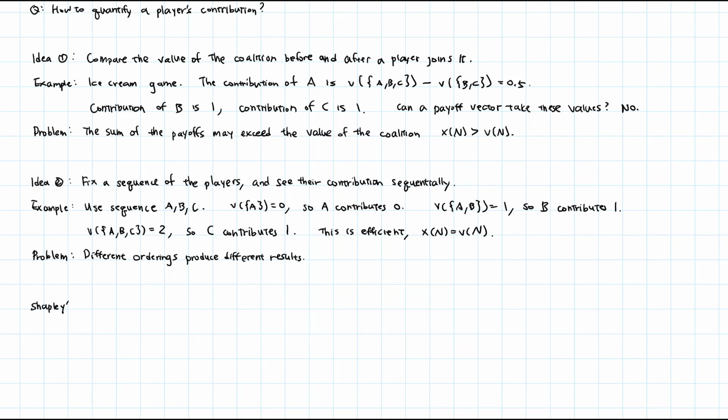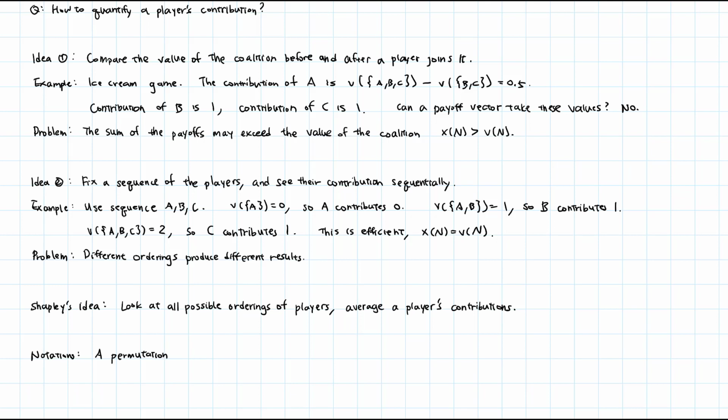So here is Shapley's idea. Shapley suggests that we look at all the possible orderings of the players and average a player's contributions. This will give us a formula for a player's contribution that is fair and has very nice properties. To formally define this, I need to give some notations.